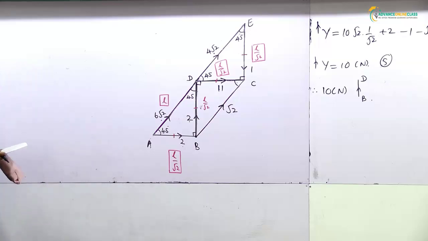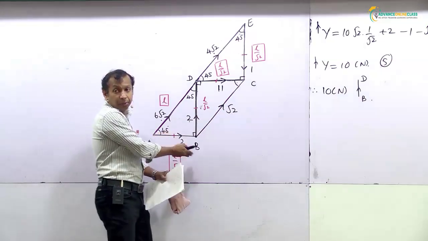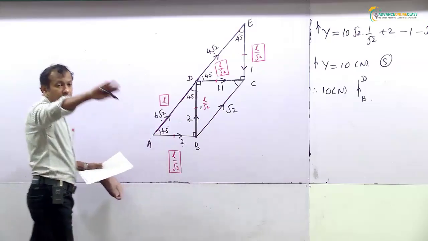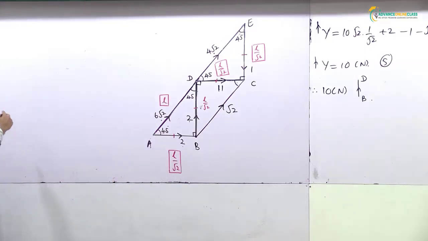What is asking now? Find the magnitude and line of action of the new resultant force. Magnitude and line of action, right? Now, no longer does the resultant force act along BD. Resolve horizontally, resolve vertically.